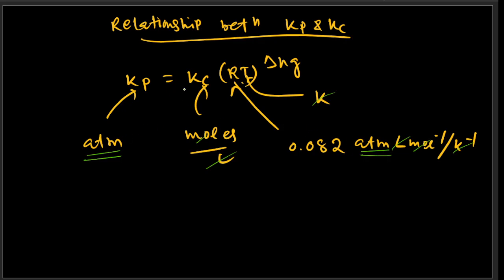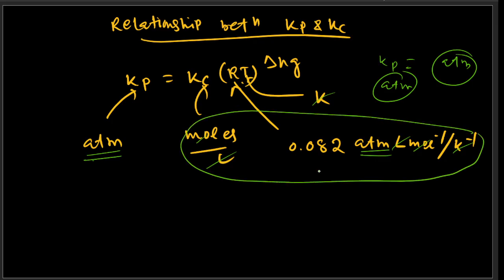So the unit of the gas constant is right. You can check, because Kp is in atm, then the reactant side and product side should also come out in atm. So this whole product should also come out as atm.